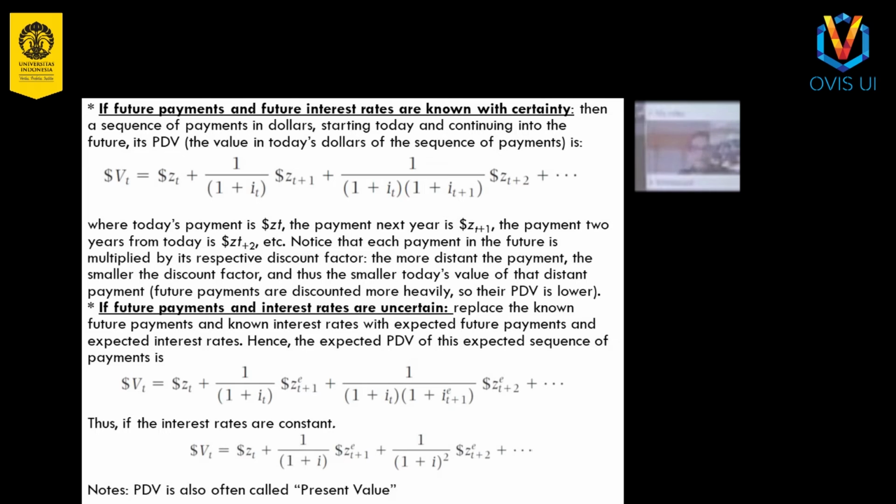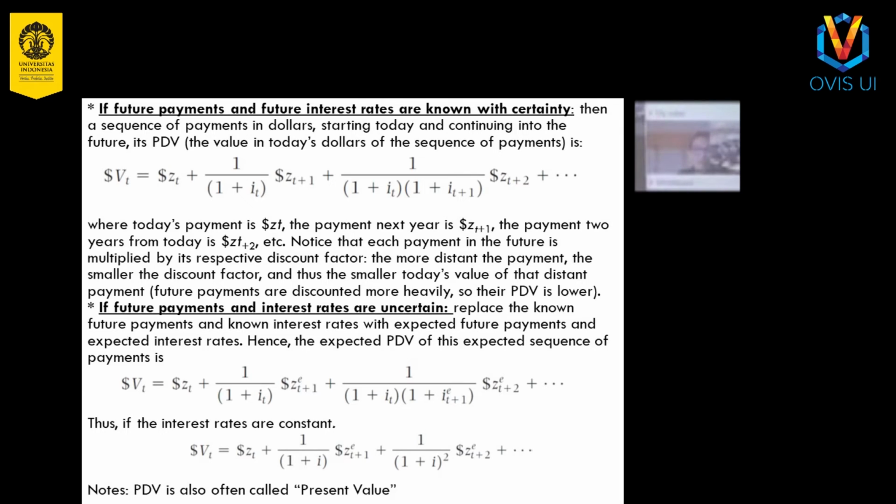Now, let's assume the expected interest rate next year, the following year, and so on is all the same. In other words, suppose you assume that monetary conditions will be stable so that there will not be any change in the interest rate.